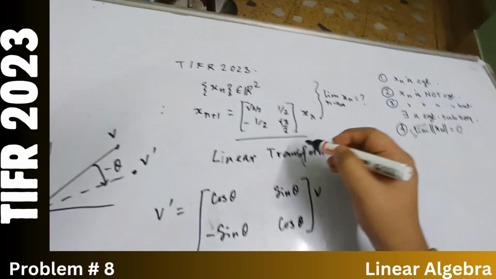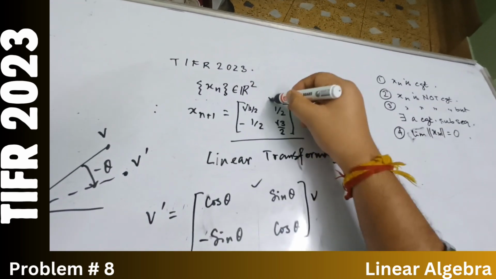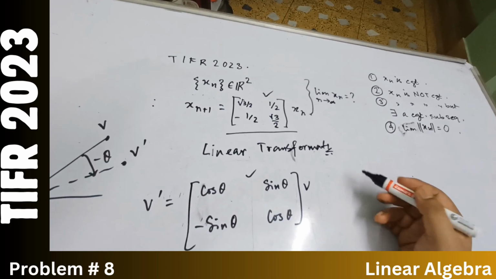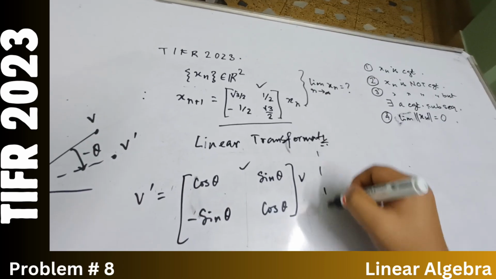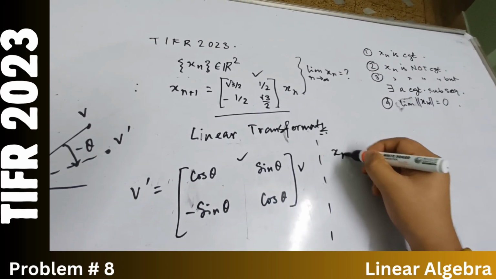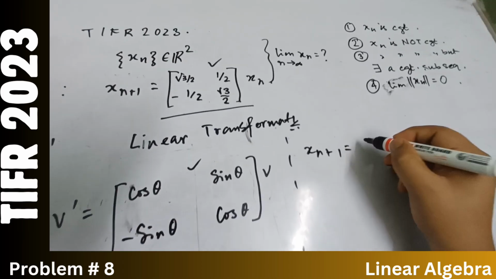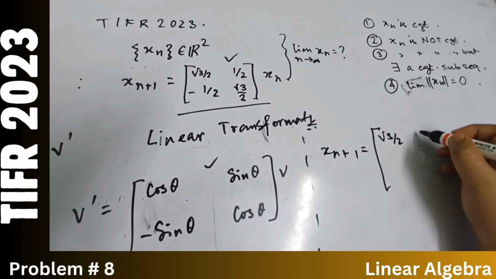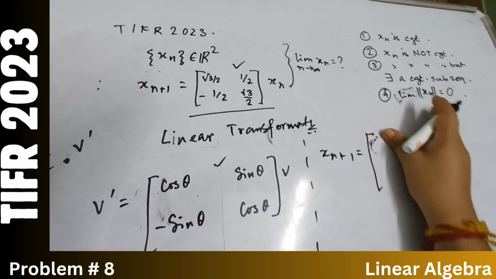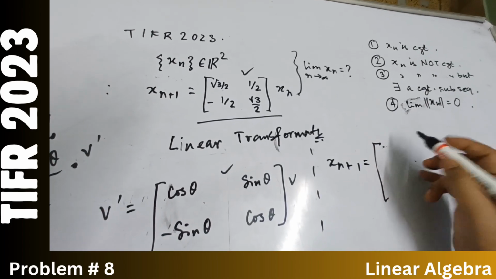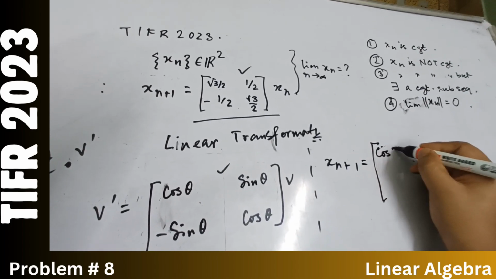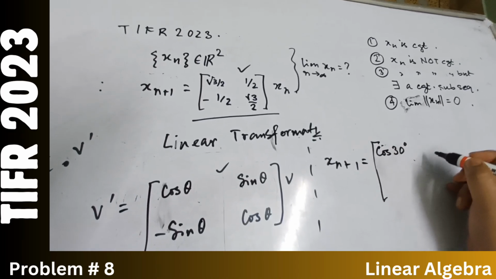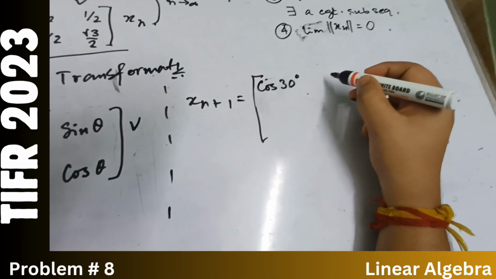Now if we observe this matrix and the one in our question carefully, xn plus 1 is equal to the matrix with root 3 by 2, and we know we can write root 3 by 2 as cos 30 degrees.